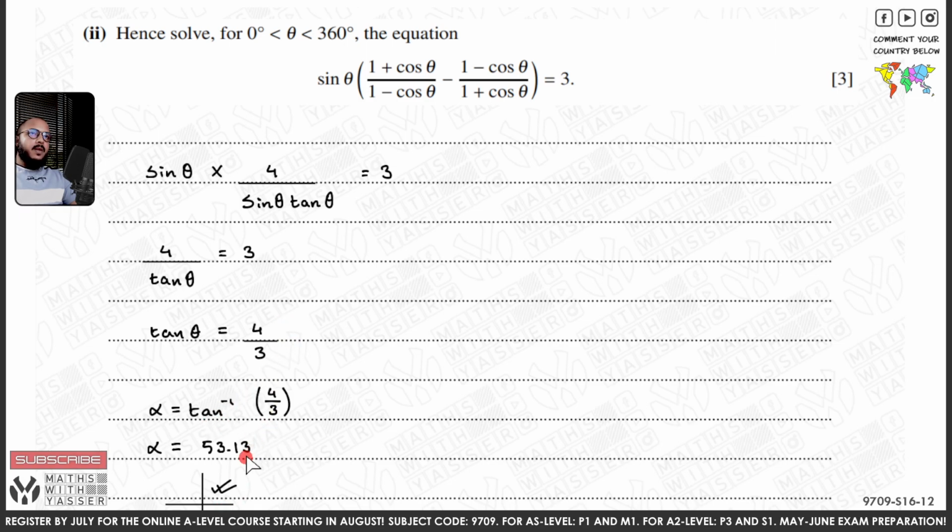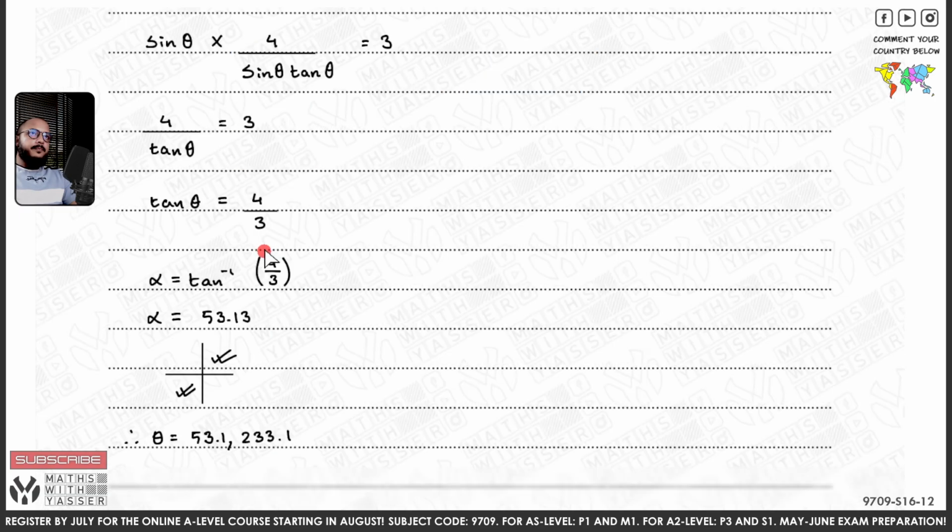And what we can do now, since theta lies between 0 and 360, we know that tan is positive right now, and positive tan lies in the first and the fourth quadrant. And we will be taking both of them since both of them lie within 360.